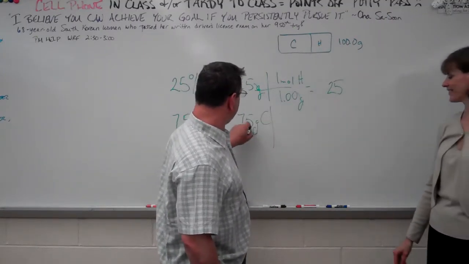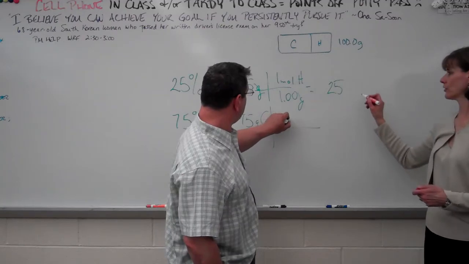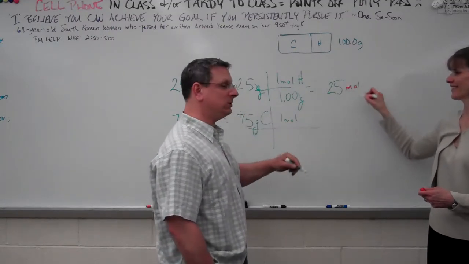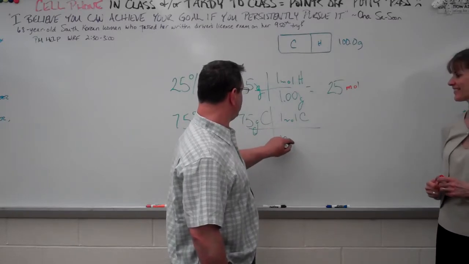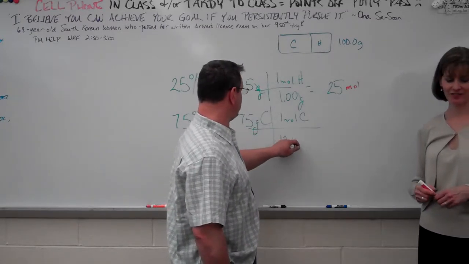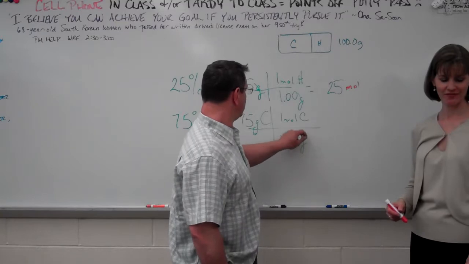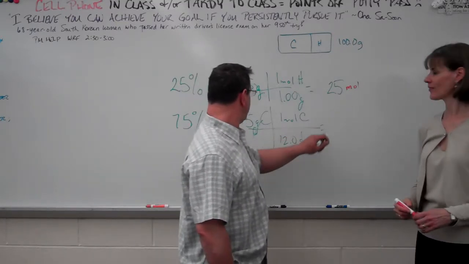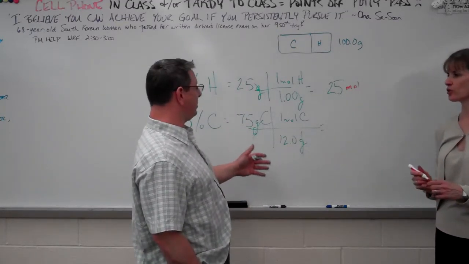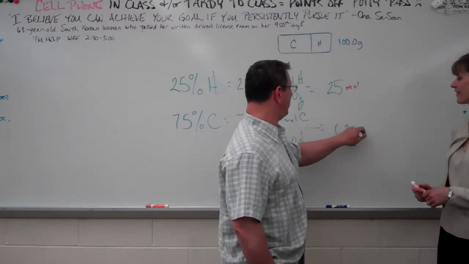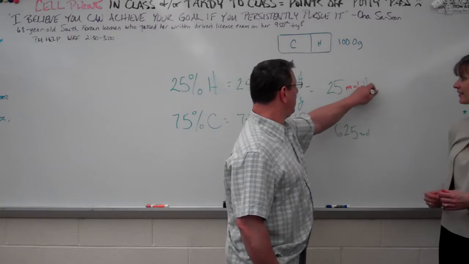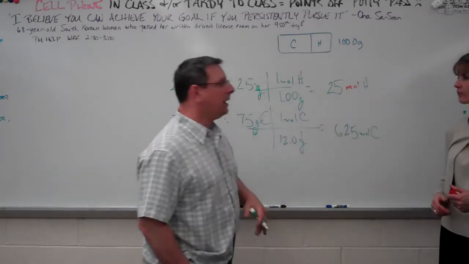And then this is our carbon, 1 mole of carbon, 12.01 grams of carbon, and that's going to be 6.25. So, 25 moles H, 6.25 moles C.